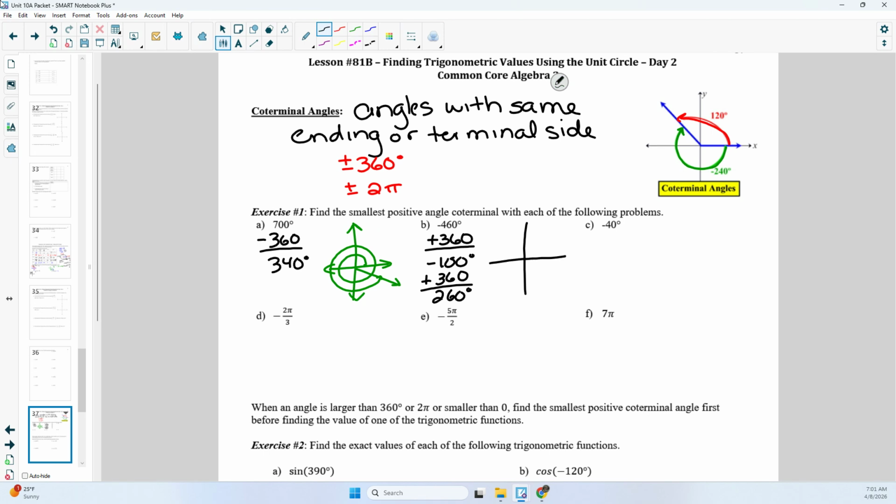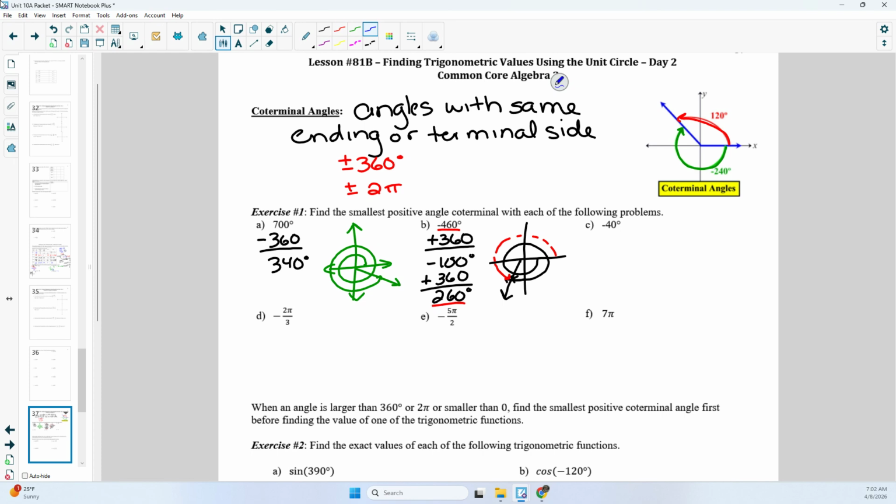Negative 460 is going to go back around the circle and back around the circle to about here. It's a little bit overshot because I want to be a little closer to 270. And once I find the 260, so 260 is right here, we can see that 260 is coterminal with negative 460.